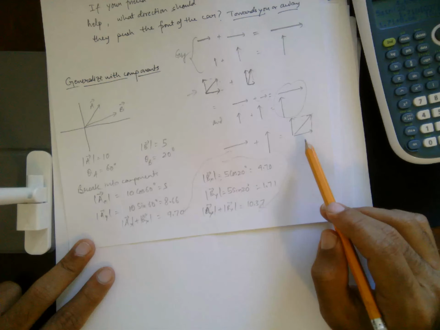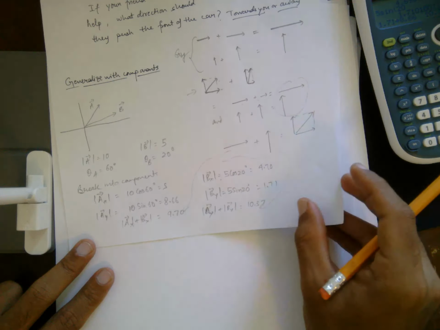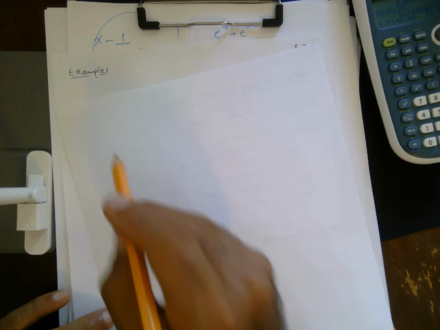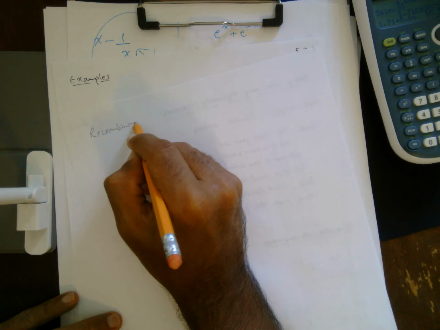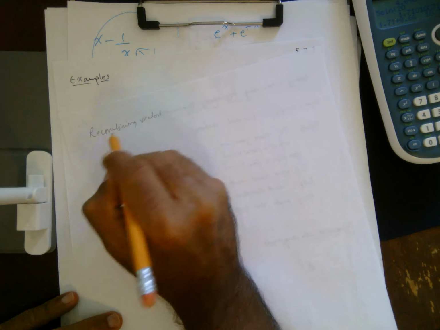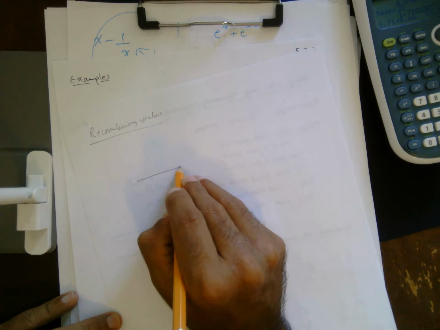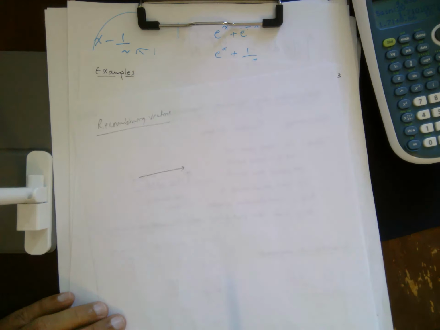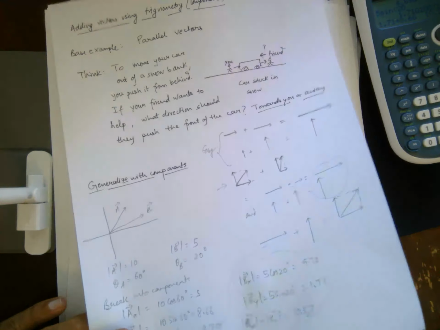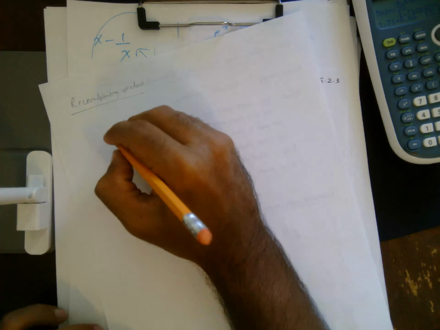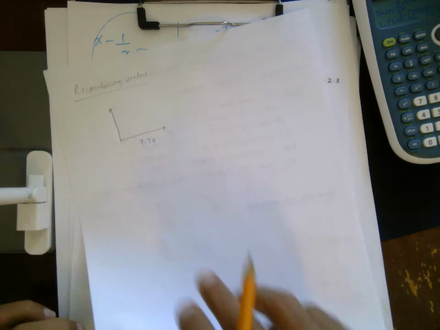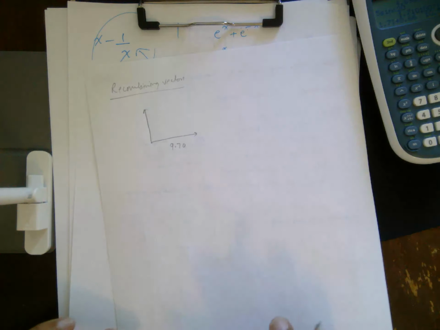Now the last step is recombining vectors. So what we have is a horizontal one which has a length of 9.70, and a vertical one that has a length of 10.37.